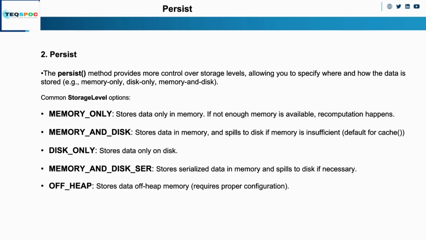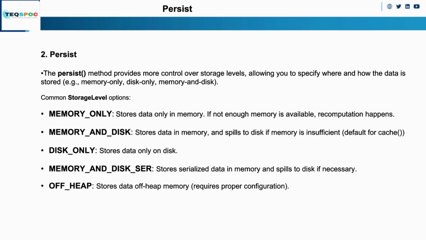This binary format data is already compressed. So the actual data, which was taking a lot of space, in this case would take a little less space. It will store the serialized data in memory and spill to disk if necessary, and also in the disk it will be in serialized format only. So this is obviously a better option than disk only.